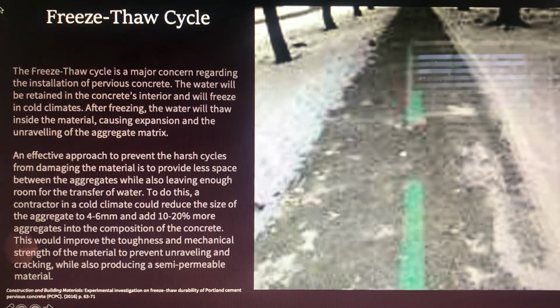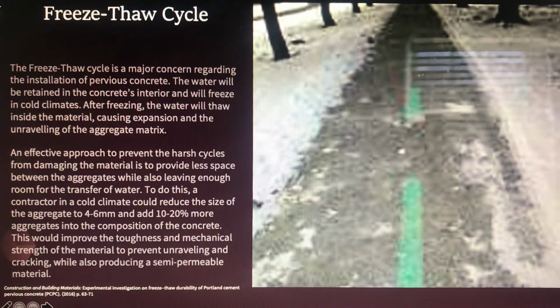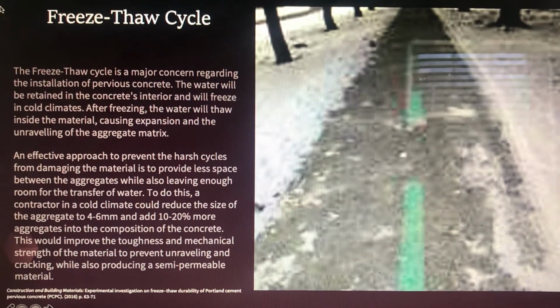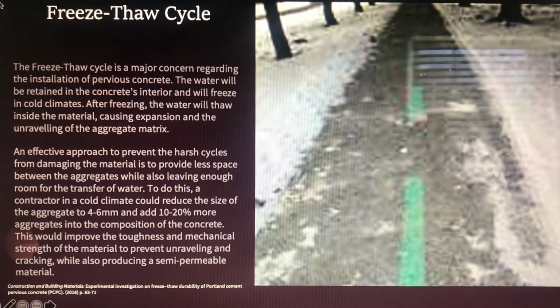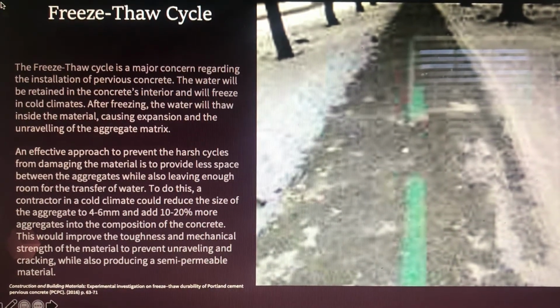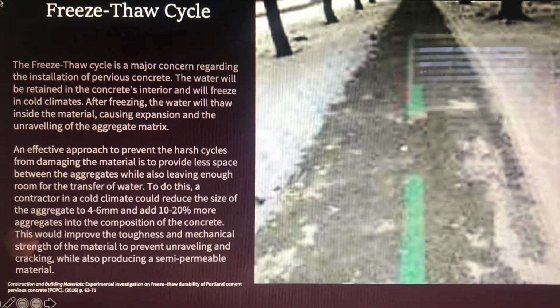To fix this, the pervious concrete should be compacted a little bit with a little bit less voids, maybe 12 to 18% porosity instead of 15 to 25% porosity, which is the normal range of porosity in pervious concrete.